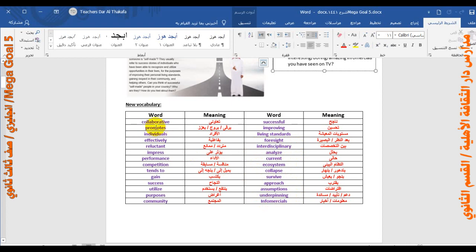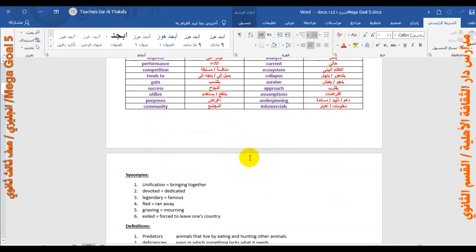All these are the new vocab with the meanings in Arabic, as you see here.